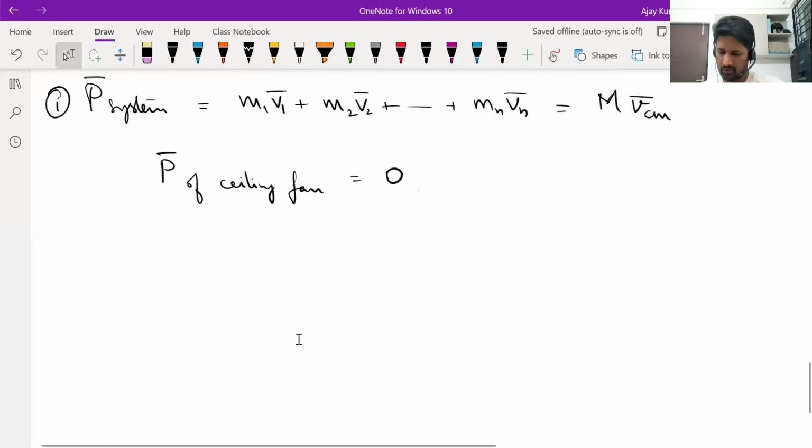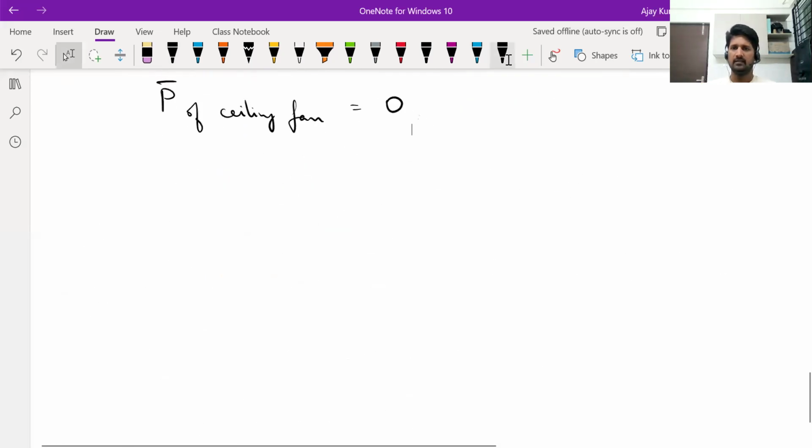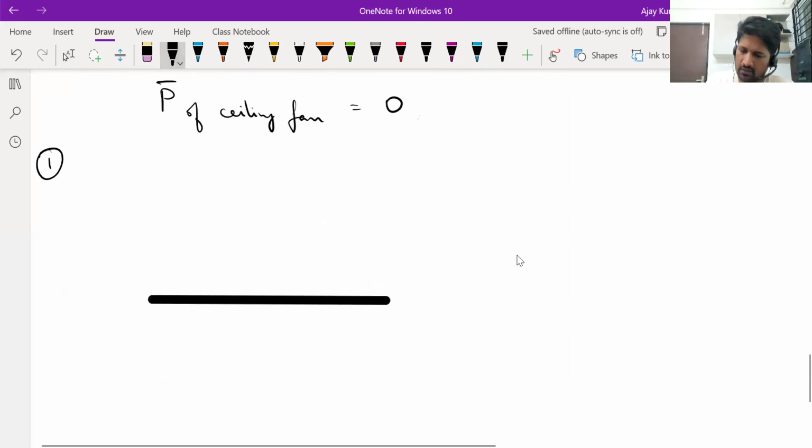Okay, let me give you one problem based on this. So now you understand that irrespective of the type of motion of the system, its total linear momentum is always total mass multiplied with the velocity of the center of mass. Let's say there is a rod like this. Assume it is pivoted at an axis somewhere here.